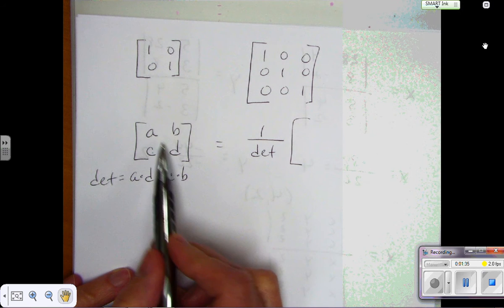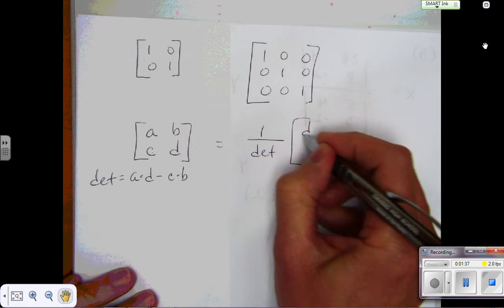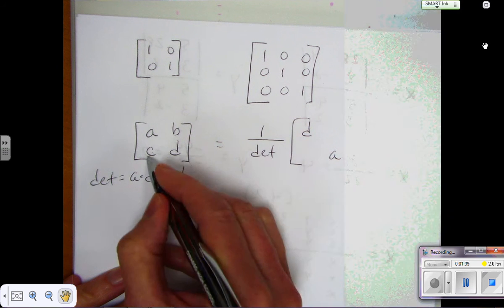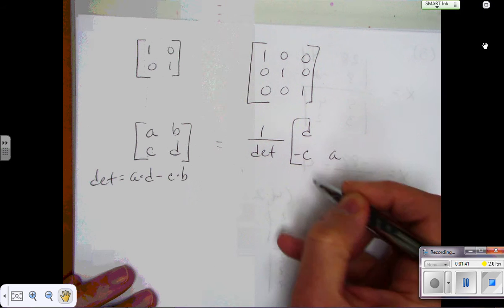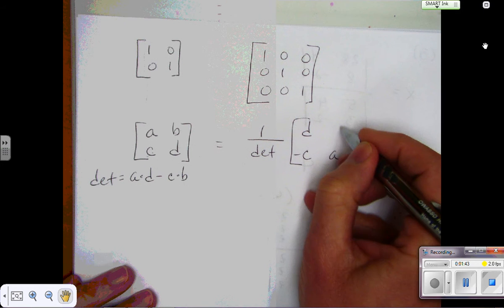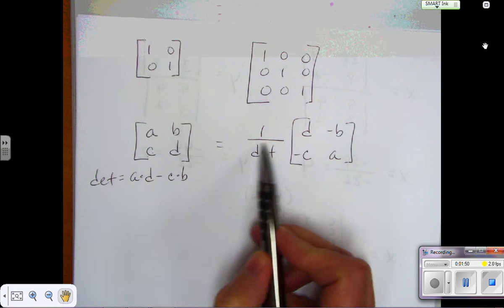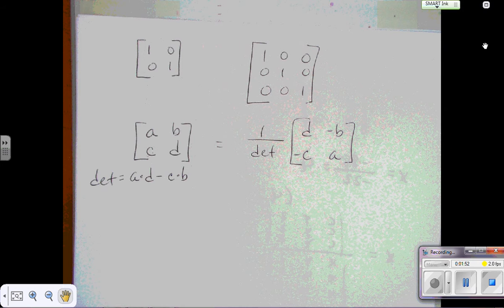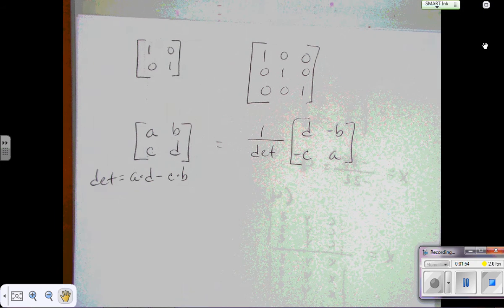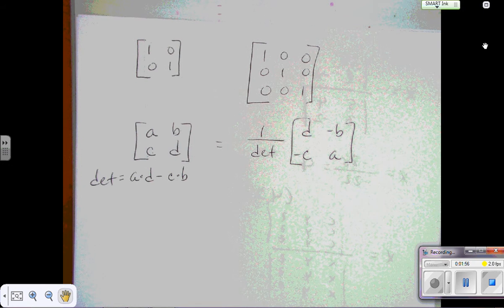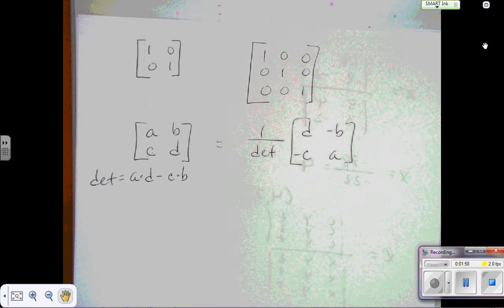You're going to switch the order of A and D, so you have D first and A last, and change the sign of your other diagonal, negative C and negative B. And that would be your inverse. Okay, so this determinant cannot equal 0, or it will make the whole thing undefined. So if it equals 0, then you would say not possible or does not exist.